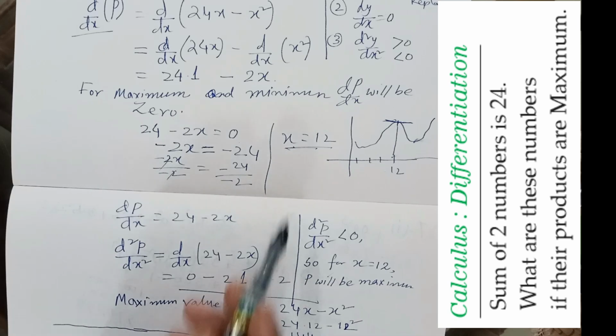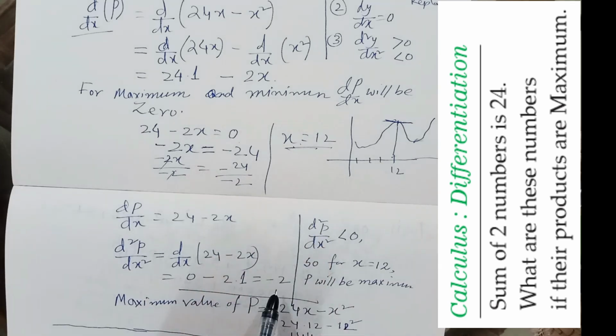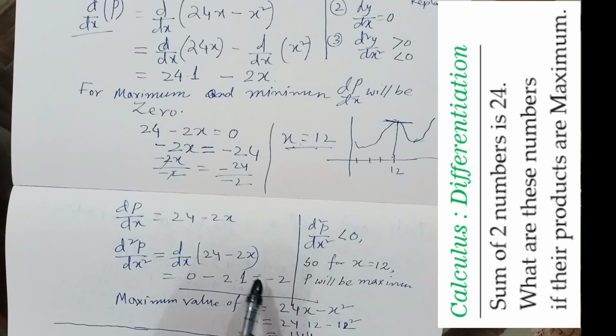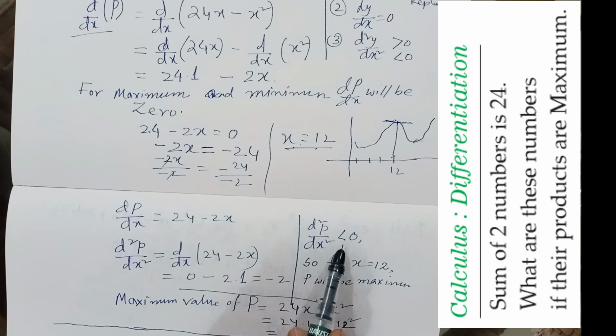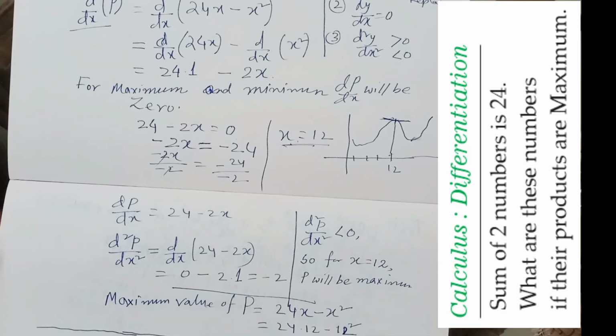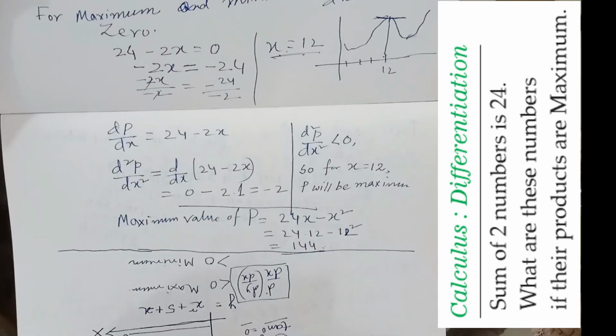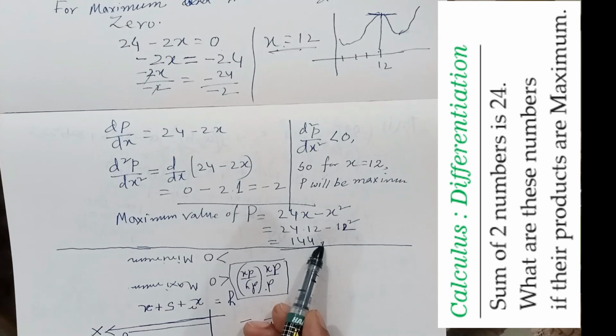If x is there, you have to put the value of x here; in this case it is minus 2, so we didn't put it. Then you take the decision about the sign of the double derivative. If it is less than 0, then for that x you will get the maximum, and then you replace the value of x to get the maximum value. This is the way you have to do this maximum value problem.